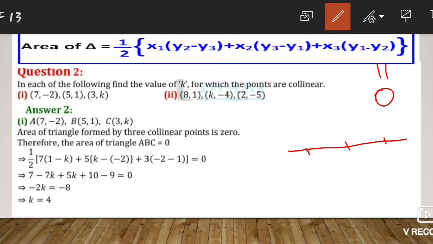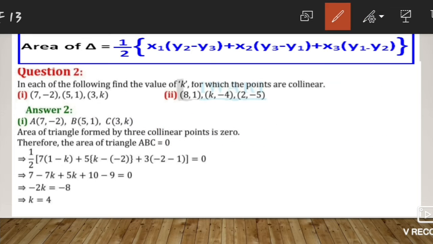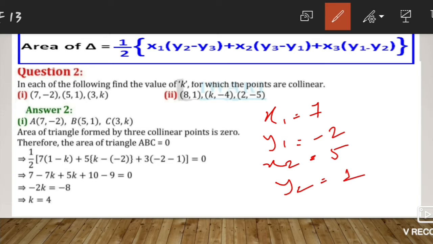So I am considering this point as x1, y1, this one as x2, y2, and the third point as x3, y3. After comparing, x1 is 7, y1 is minus 2, x2 is 5, y2 is 1, x3 is 3, y3 is k.